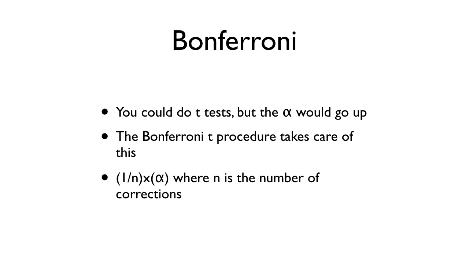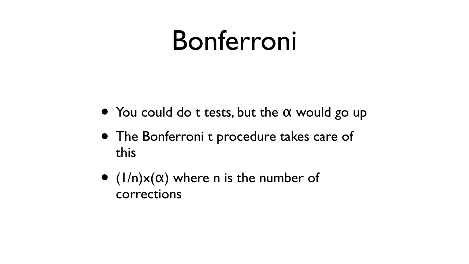But the critical t-value starts to get really, really big if you have, let's say, 10 comparisons you have to do. Now suddenly your comparison is at 0.005 instead of 0.05. And if you take a look at a t-table, you'll see there's a really big difference between 0.05 and 0.005 in critical values. So this works, there's nothing wrong with it.